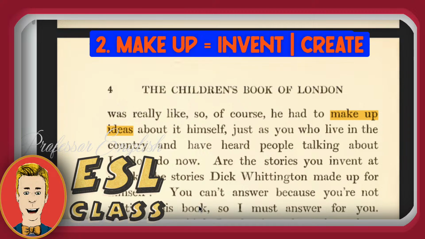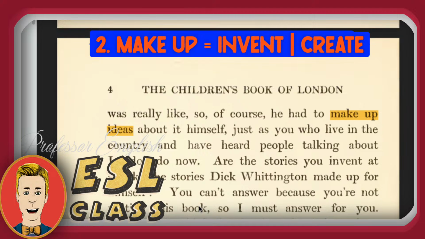Let's practice using make up in sentences, okay? Here's a sentence. He invented stories about Paris. He created stories about Paris. What is another way that you can say invent or create? Make up.